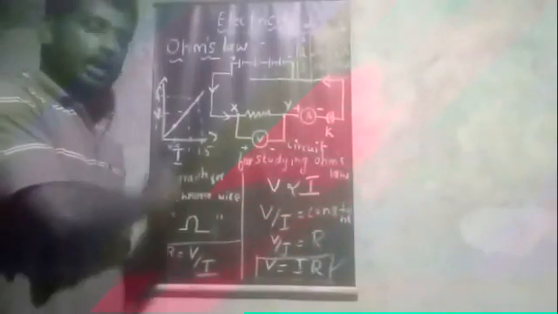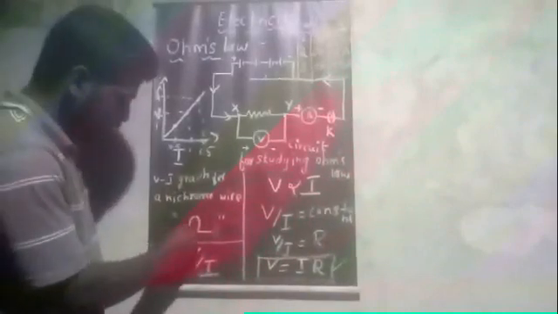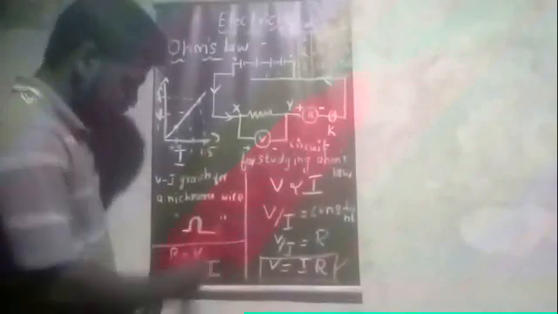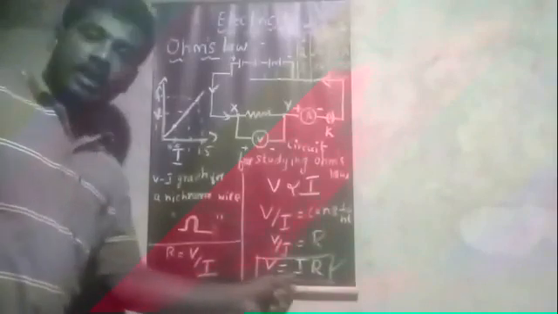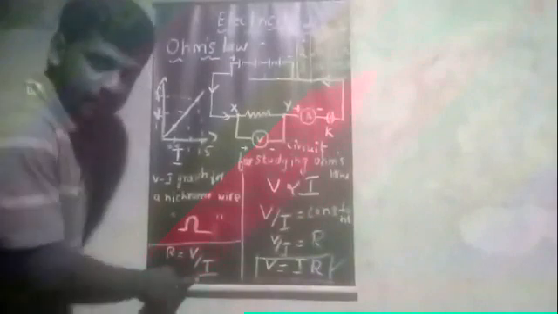Since it is derived from Ohm, the name is given as ohm. The Greek symbol used is this one, omega. And from this expression we get one more expression for resistance, that is R is equal to V by I.